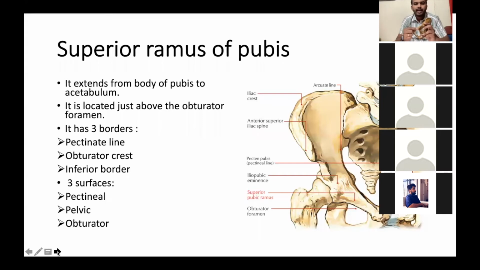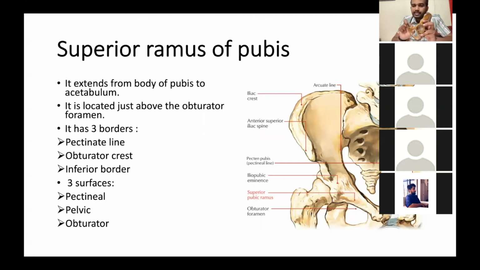Is it clear? And not only that, it is located above what foramen? Obturator foramen. This is located above the obturator foramen. Yes, it is situated above the obturator foramen.